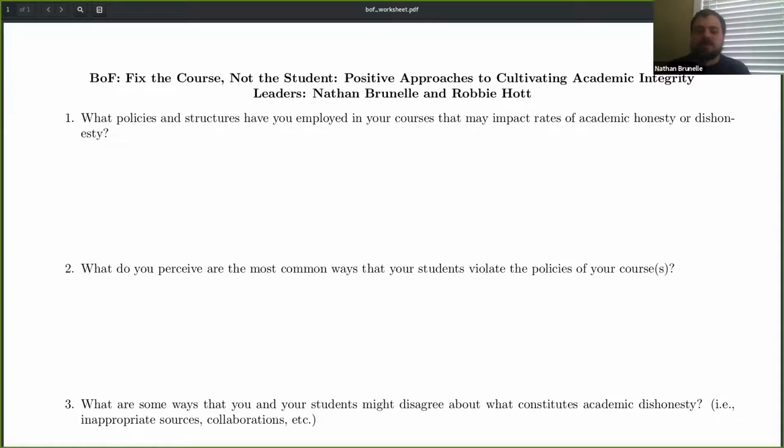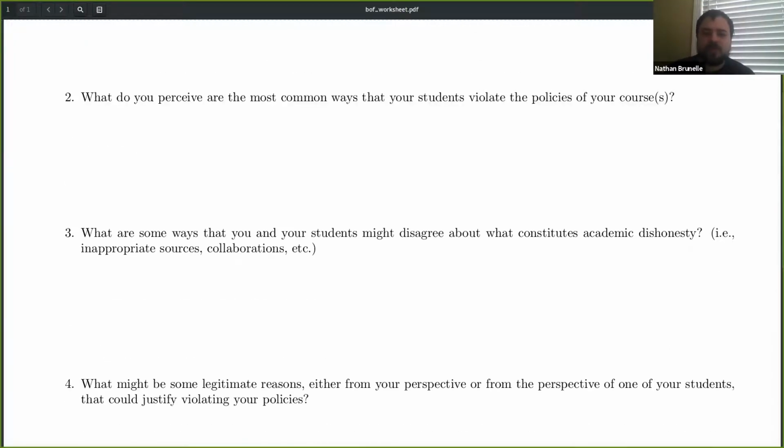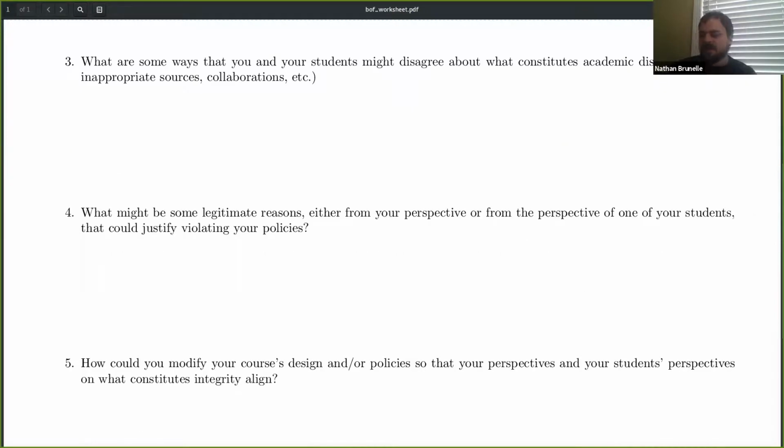Maybe you think the most common way is that students are posting their homework on Chegg and trying to find answers, or sharing their exam answers on certain assignments with other classmates, or just Googling things outright, something like that. So just whatever are the actions your students are most likely taking that you would consider to be dishonest behavior.